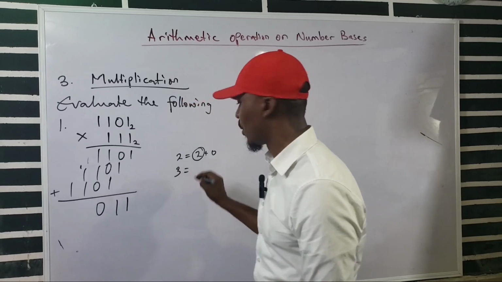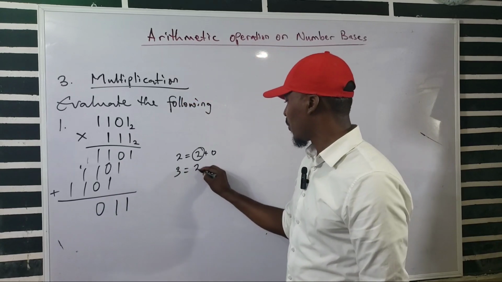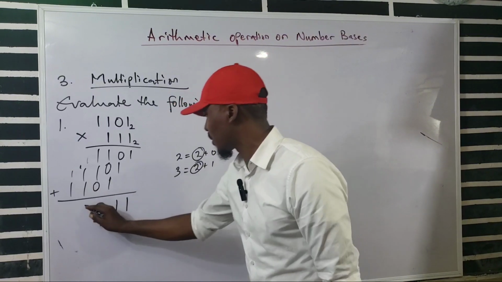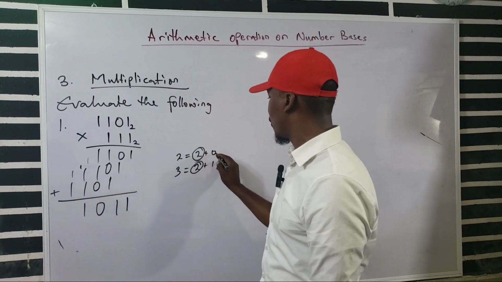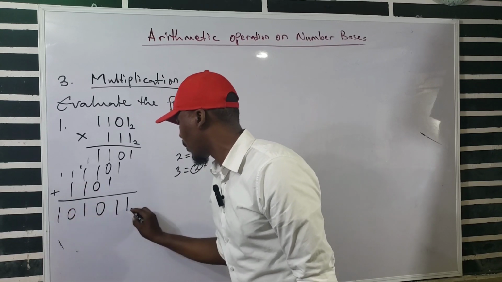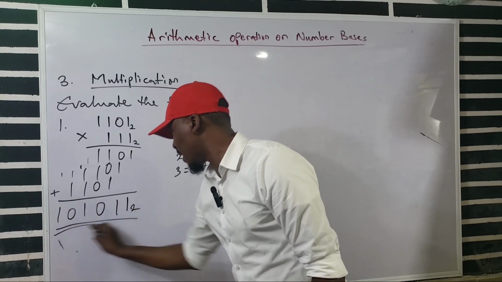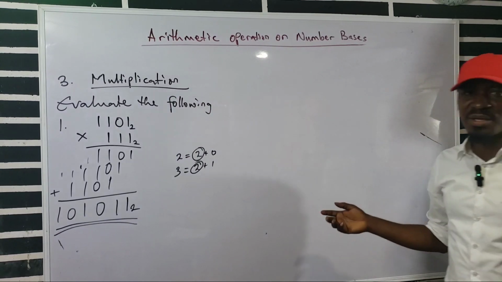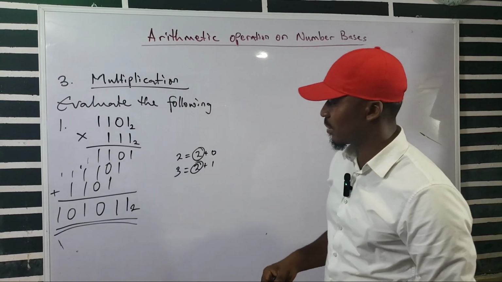You also share your 3. So that'll give you 2 plus 1. You take your 1 and write what? 1. 1 plus 1, 2. You write what? 0 and take 1. You bring down your 1. So I was fast on that one because it's something that is very simple and something that we have done.